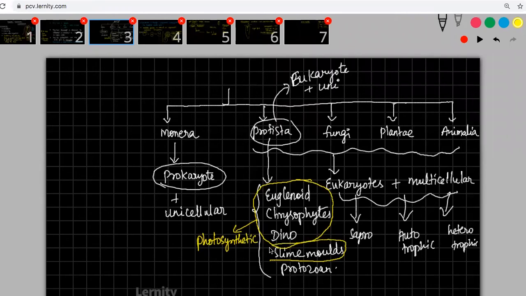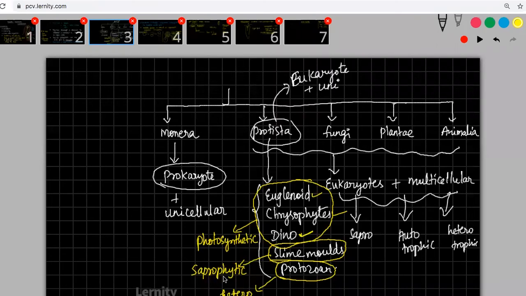The slime molds are going to come under saprotrophic, and this will come under heterotrophic. So now we have completed euglenoids, chrysophytes, and dinoflagellates. Now we are going to embark into slime molds.